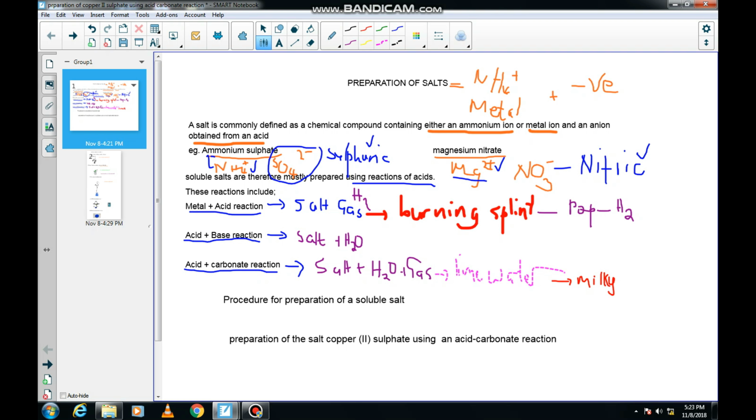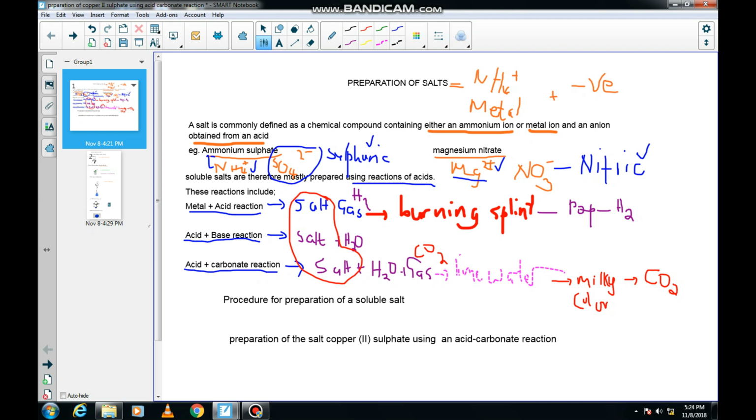A white precipitate is formed, and we know the gas that gives this result is carbon dioxide. Therefore, we conclude that acid and carbonates react together to produce the salt, water, and the gas carbon dioxide. All three of these reactions produce salts. This is why these reactions are used to produce salt.